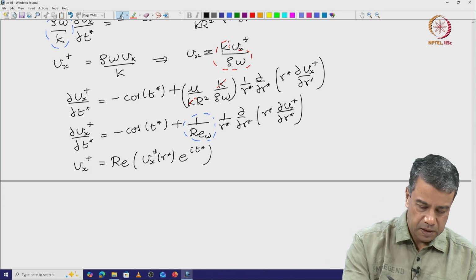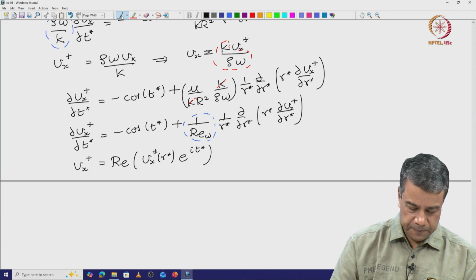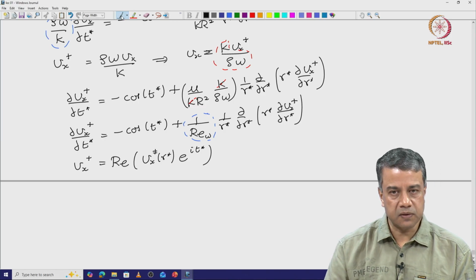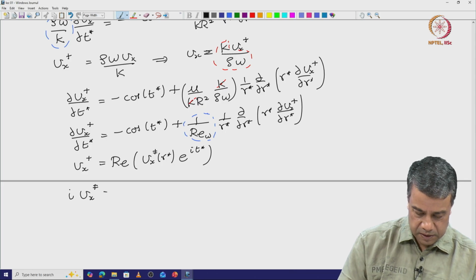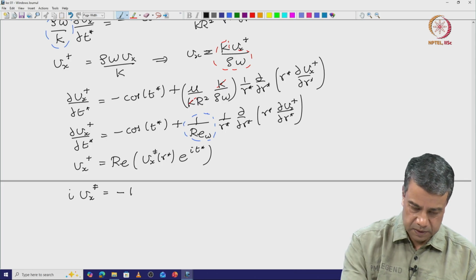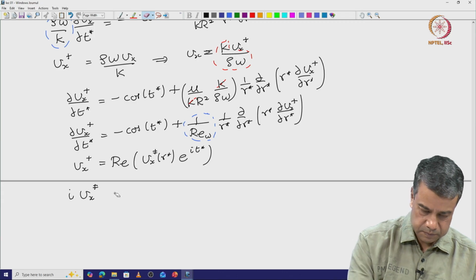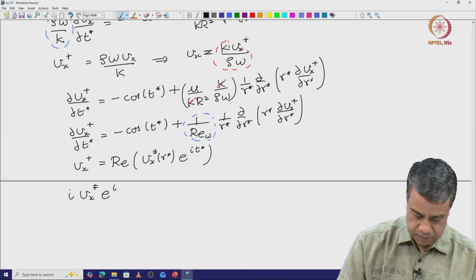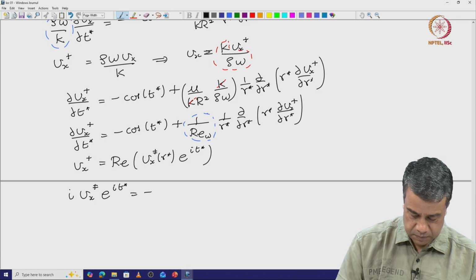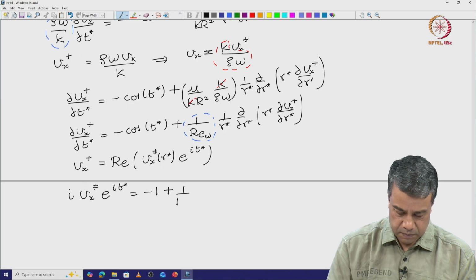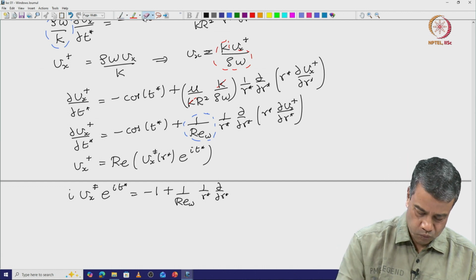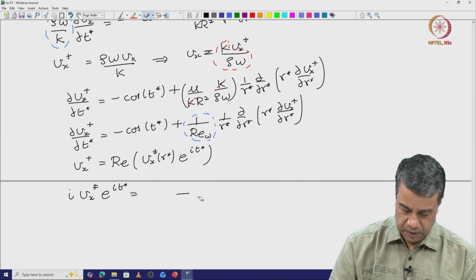And what I will get is that the derivative with respect to time just gives me an I. V x double dagger is equal to minus 1, sorry, there should be an e power I t here.